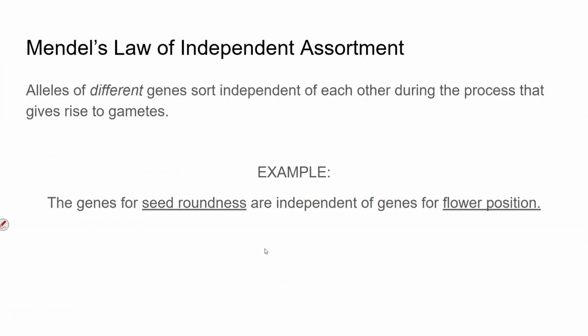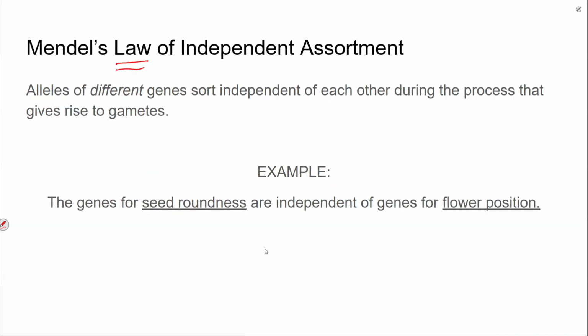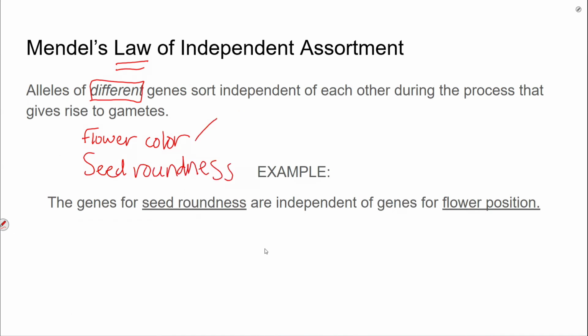And this led to Mendel's law of independent assortment, which says that the alleles of different genes, right? So here we're talking about flower color as an example, and seed roundness, okay? So making sure that we're understanding the differences between alleles, right?